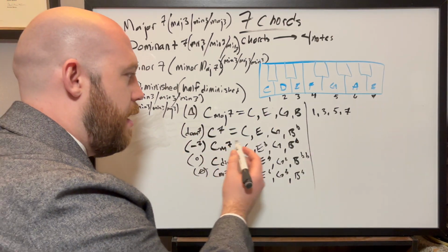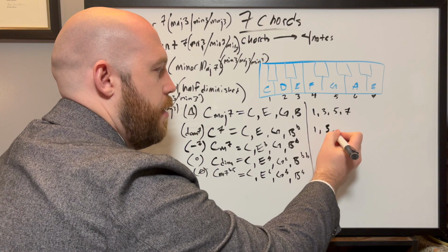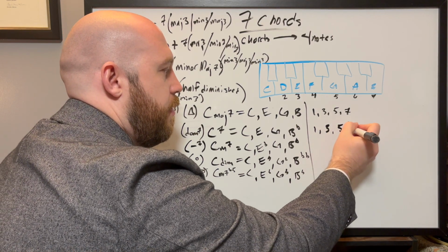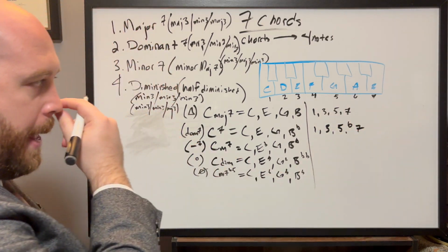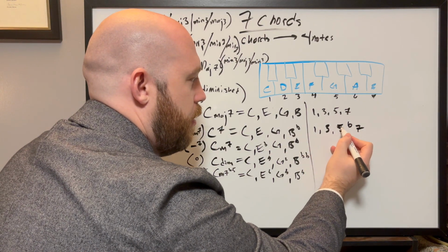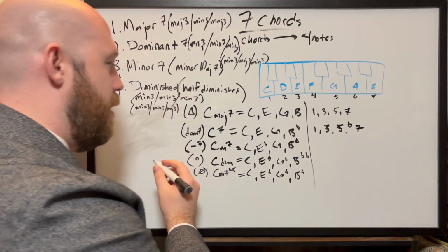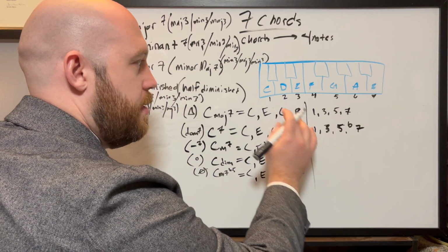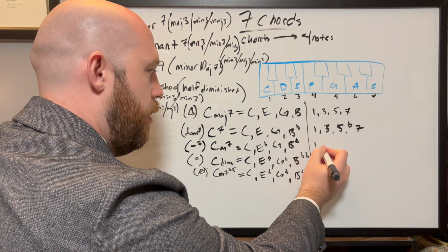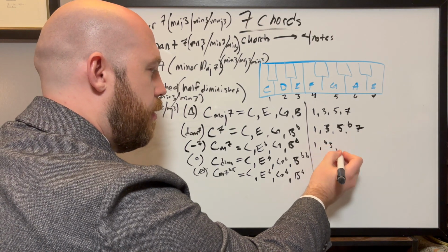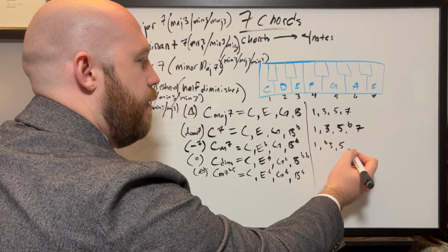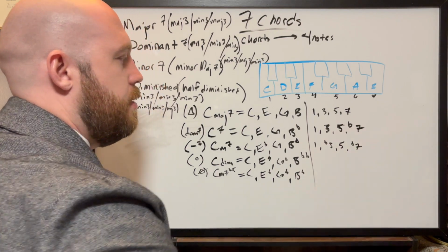Not changing anything, right? Based off the major scale, we can count the rest of these out. A dominant 7 is 1, 3, 5, flat 7. Minor 7, based off the major scale: 1, flat 3, 5, flat 7.